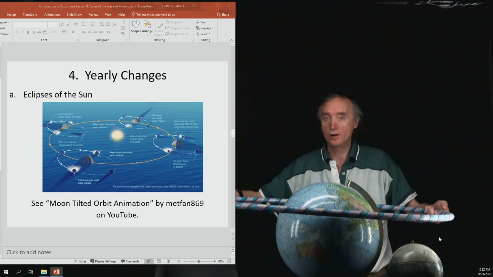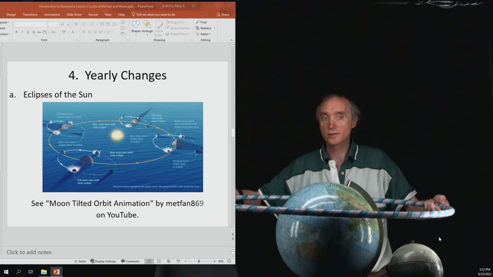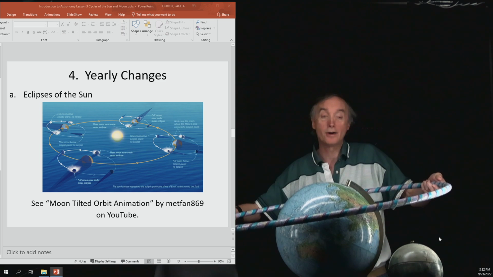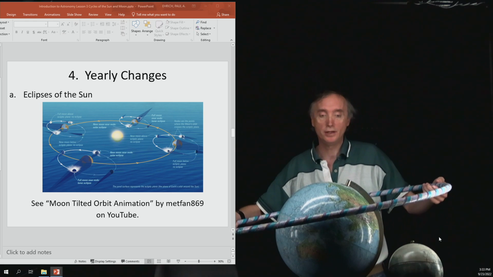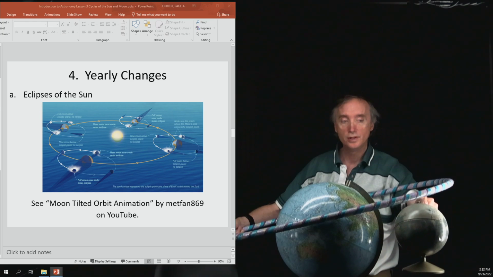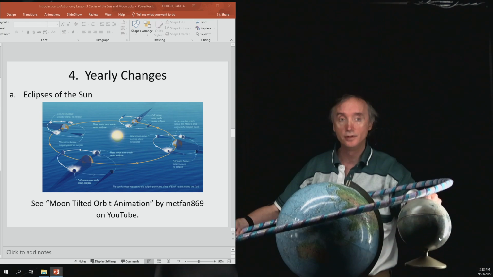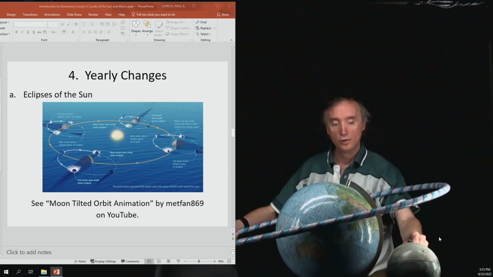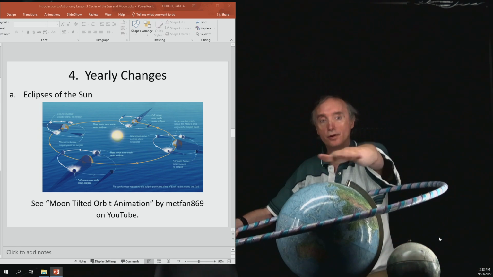But what did they show in the video? The orbit is not like this, it is tilted, and not by much, only about 5 degrees, but it is tilted. So even though the moon is in front of the sun, it could be so high up in its orbit that its shadow would go over the top of the earth and miss the earth.